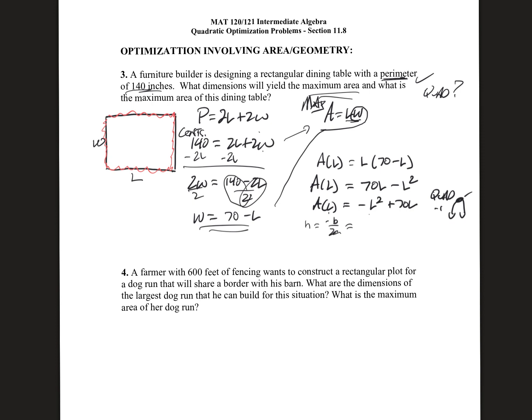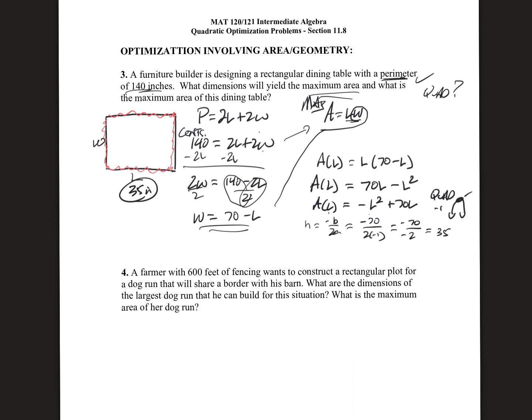In this case, my b is 70, so we have negative 70 over 2 times -1. So we get negative 70 over -2. A negative divided by a negative is a positive, so we end up with 35. So my length, in order to maximize this, has to be 35 inches.